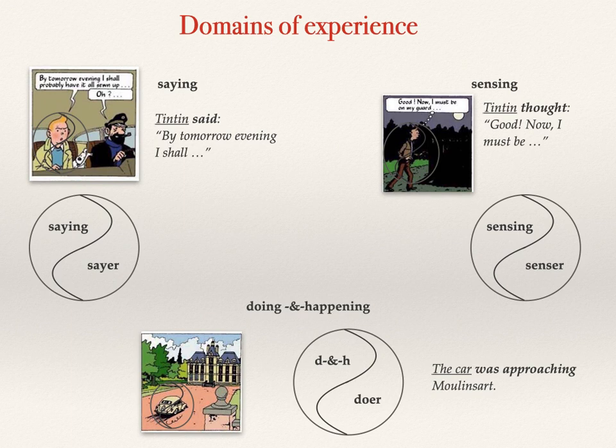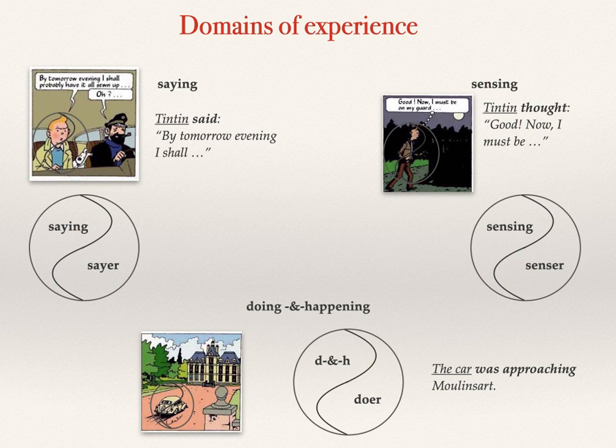So if you look at Tintin here, the depiction of Tintin represents both him as a sayer and the process of saying. And we see this as we translate that into English, it would be something like "Tintin said, 'By tomorrow evening I shall.'" In English then, the sayer and the saying are diffused, not fused, but diffused, as it were. They are separated out into a process, said, and a participant, Tintin.